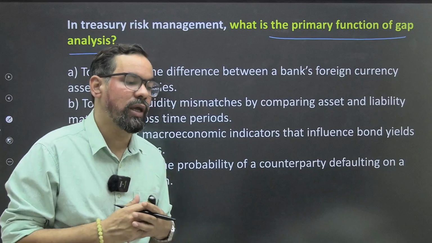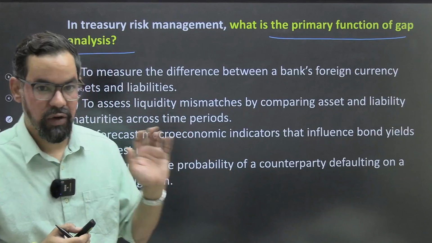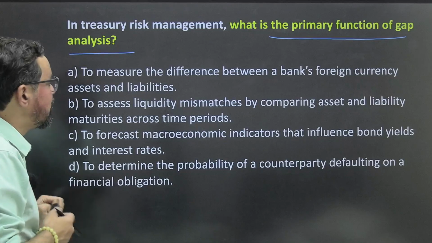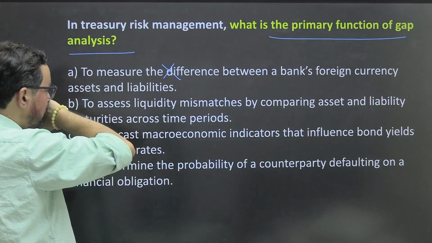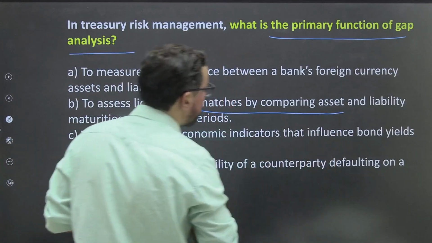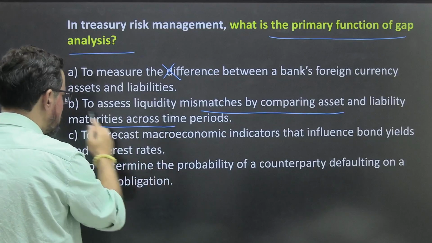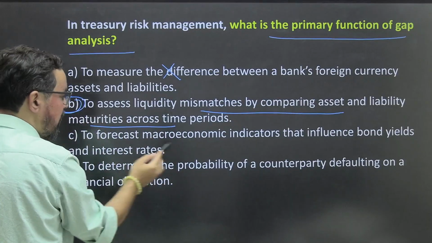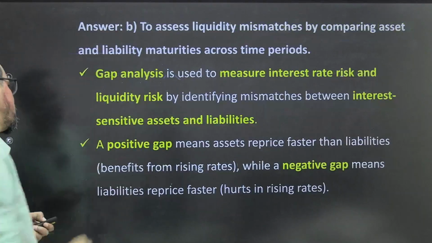So somewhere we have to do that analysis and accordingly we have to place our funds. To assess liquidity mismatch by comparing asset and liability maturities across time buckets. No, option B will be the right answer.